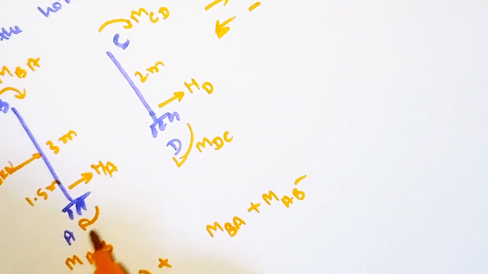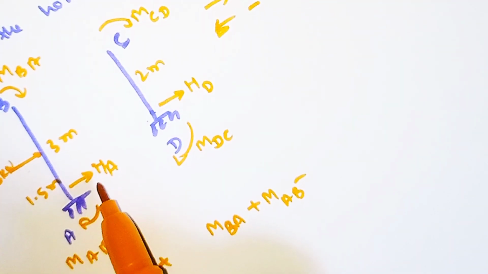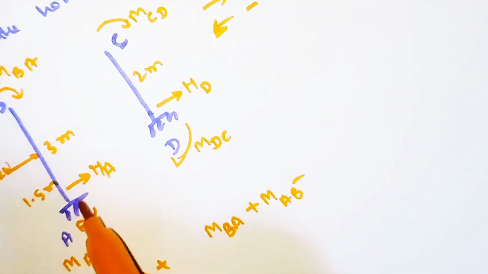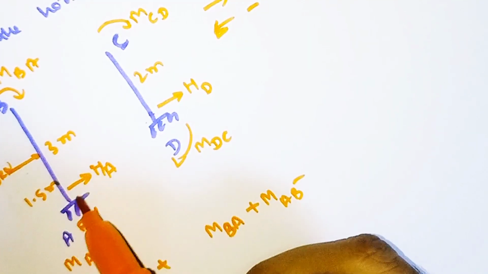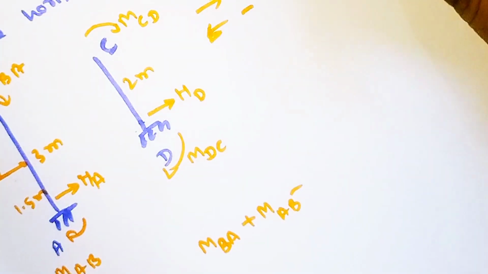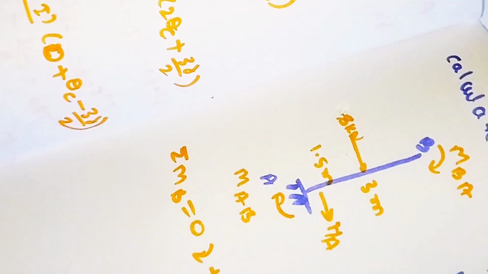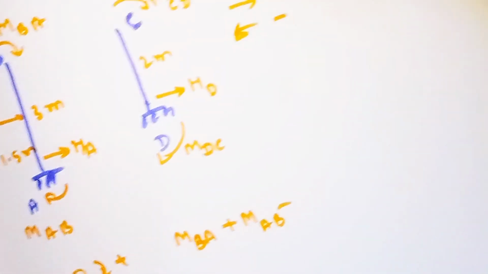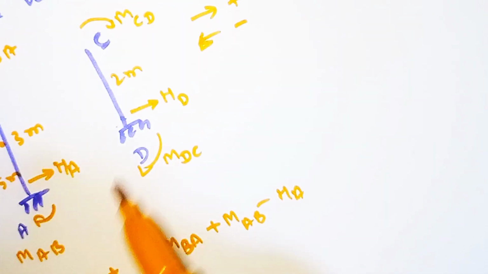Here one horizontal load is acting. If you rotate it, HA will move anti-clockwise, so we need to take minus HA into the distance from here to here.